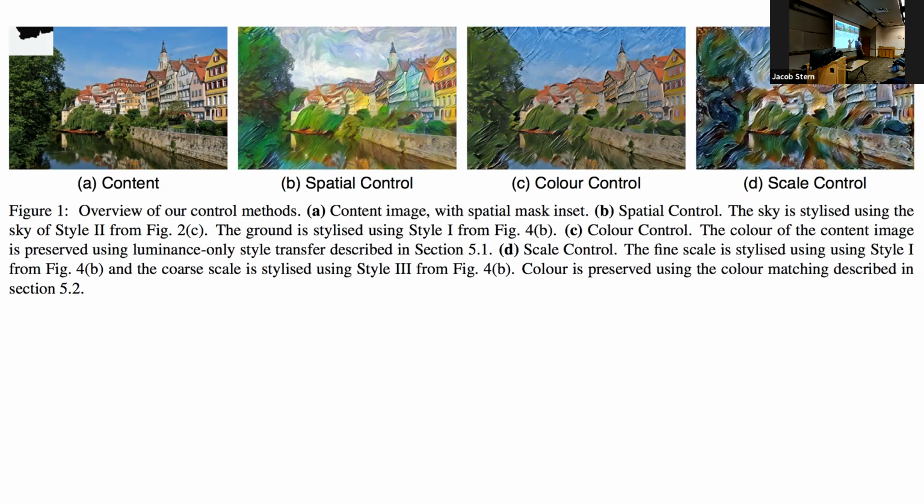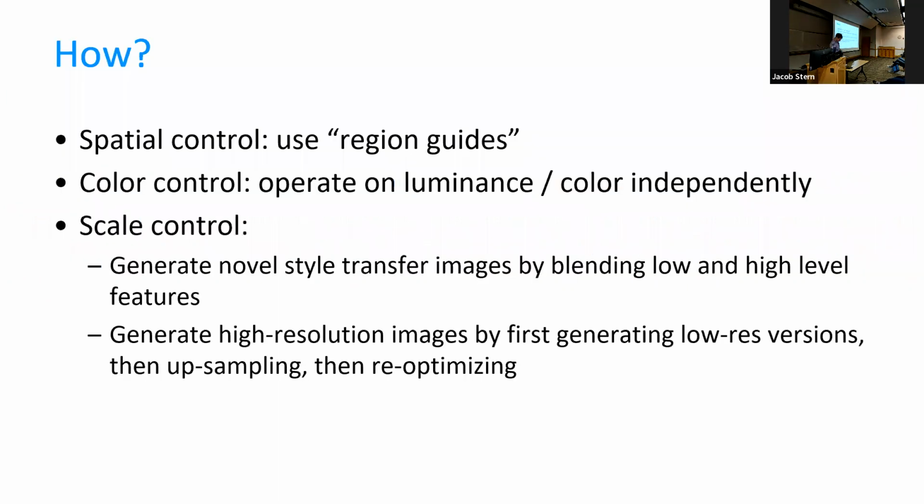And another is scale control. Color control allows us to operate on luminance, or lighting, and color independently. Spatial control will allow us to tune style transfer for certain regions of the image. And scale control will allow us to blend different combinations of low and high level features.